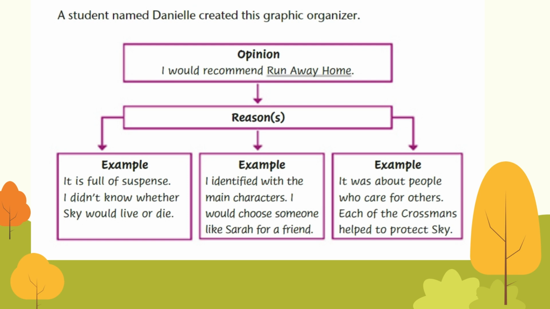Each of the crossmen helped to protect Sky. So Daniel learned a lot about caring for others, and that's why she recommends the text for everyone to read so that everyone could also learn how to care for others.